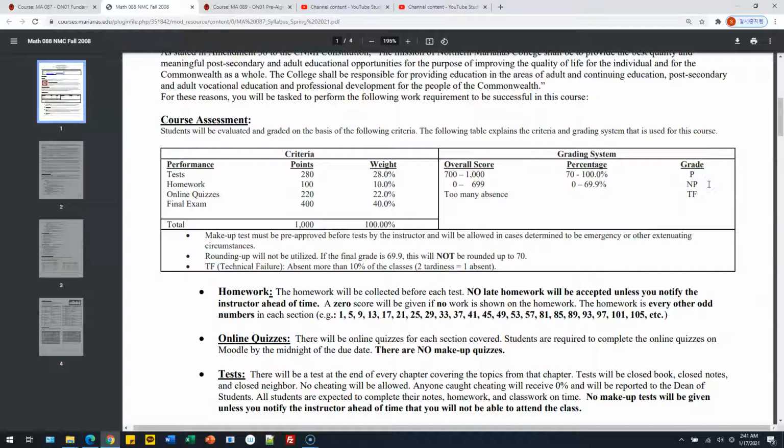This is an NDU course, non-degree unit course, so you must get 700 or 70% to pass. If your score is less than 70%, then you get the grade NP. NP means no pass. It's a failing grade. And there is no rounding up. So if your score is 69.9, then this is F, not 70.